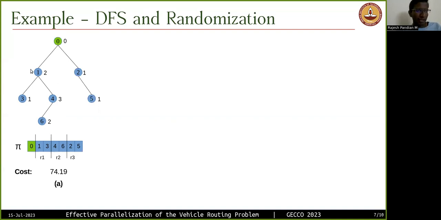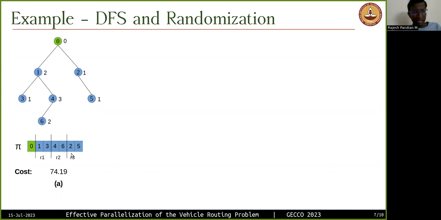Which is the maximum capacity allowed per route. Similarly, route 2 will have 4 and 6, which makes the route reach its capacity limit, so we cannot add the next customer into route 2. This is how we convert the permutation into routes.